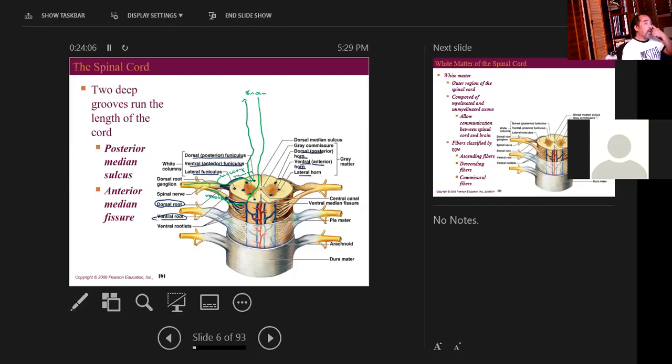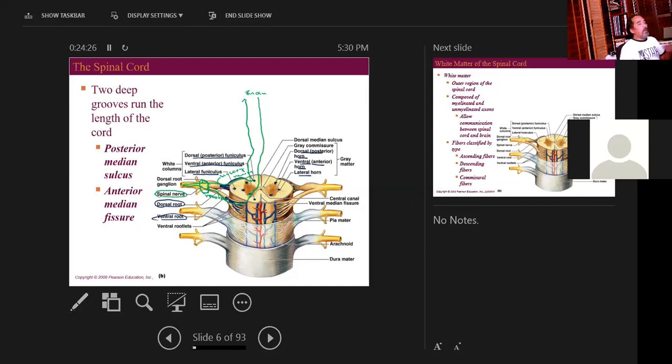After that they go out here and join the sensory, and they become a nerve. The area where the sensory and the motor meet, this area back here, is going to be the spinal nerve.